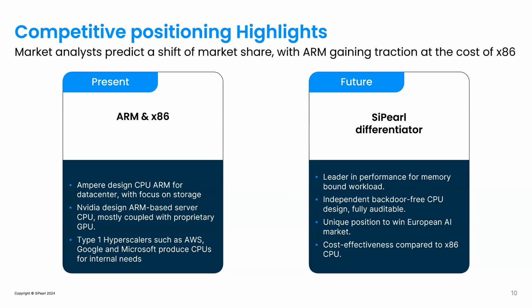Since the design is also backdoor-free and fully editable, and since we are European, we will play a unique role in our domestic market. And not only that, I will conclude that thanks to the ARM ISA, we are also cost effective compared to x86 CPUs for the same kind of performance.